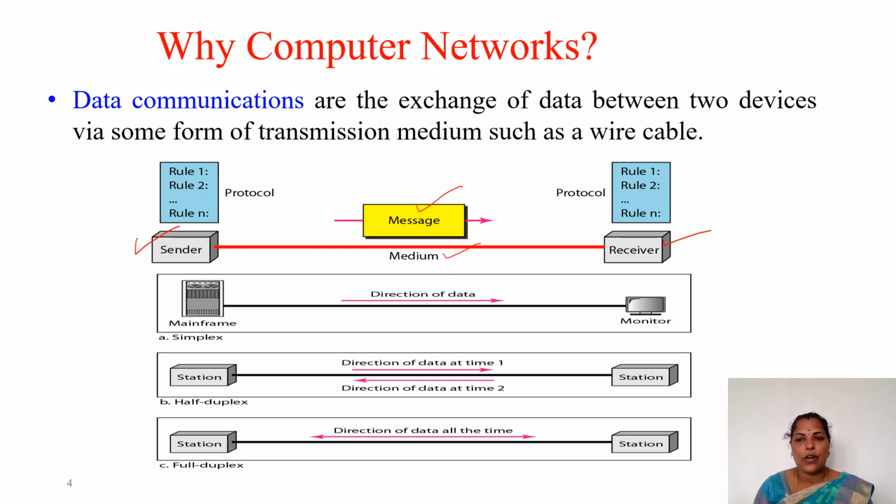So some set of rules are followed. Without following some set of rules, the receiver can't receive whatever message the sender sent. So the protocol also plays a vital role.